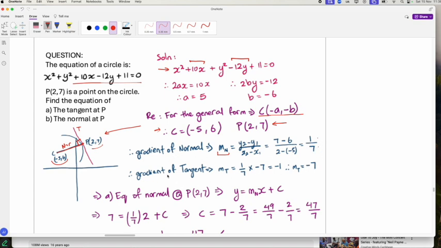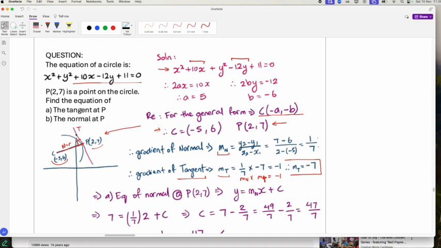I could immediately find the gradient of the tangent, mt, by using m1 times m2 equals negative 1. If mn times mt equals negative 1, and mn is 1 over 7, mt will have to be negative 7 in order to get minus 1. So therefore the gradient of the tangent is negative 7. Just like what my sketch said.